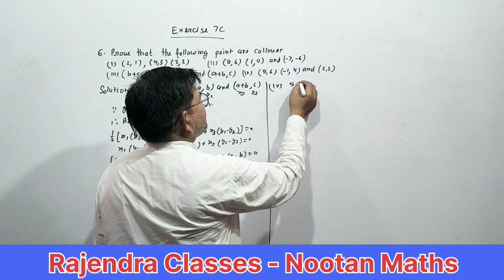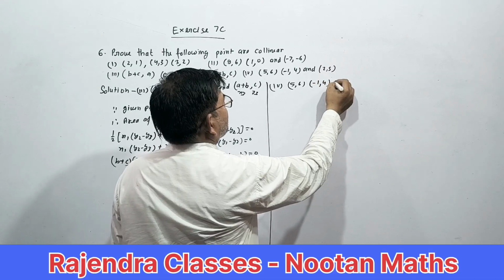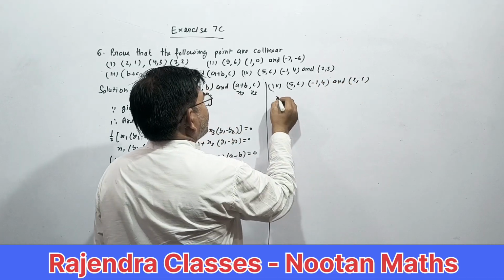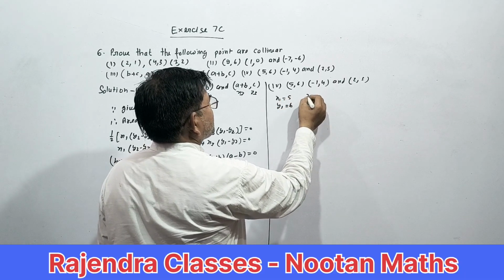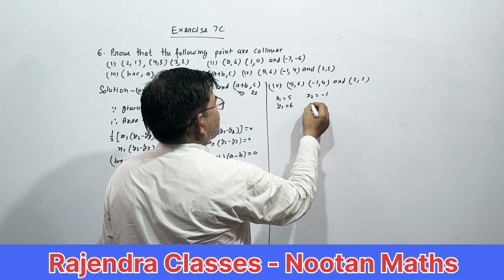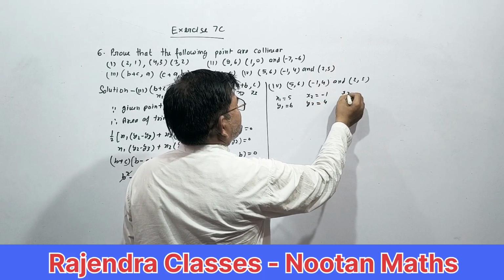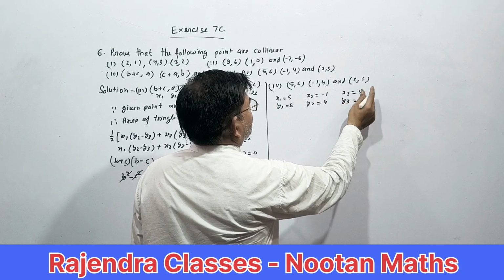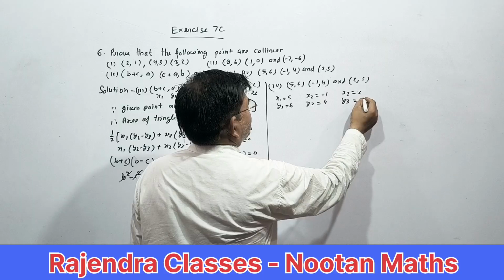Given points 5, 6, minus 1, 4 and 2, 5. X1 is equal to 5, Y1 is equal to 6, X2 is equal to minus 1, Y2 is equal to 4, X3 is equal to 2 and Y3 is 5.